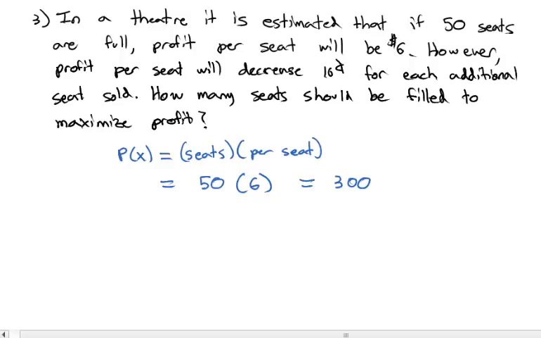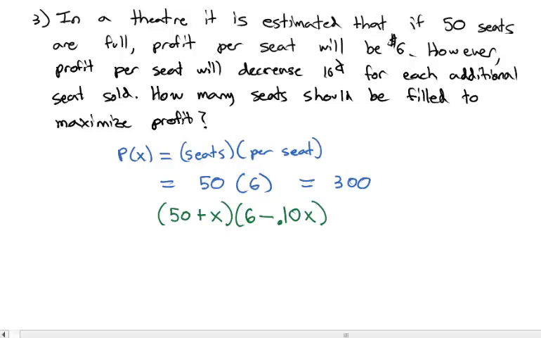However, that's going to adjust. We're going to increase the number of seats, but we don't know how much by. So we're going to say 50 plus x. We don't know how many seats we're going to increase, but when we do that, the price per seat is going to decrease or subtract 10 cents, 0.10, for every x, or for every seat.